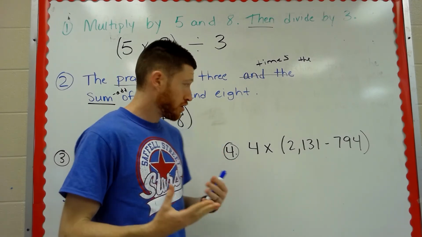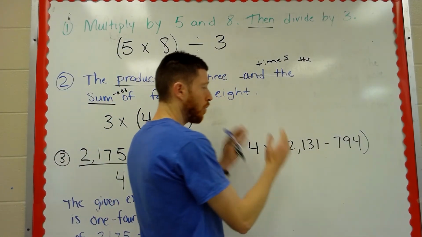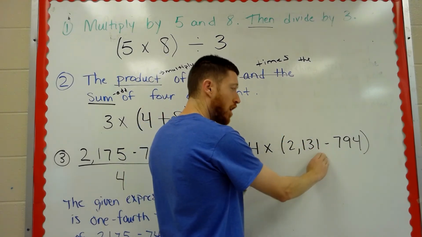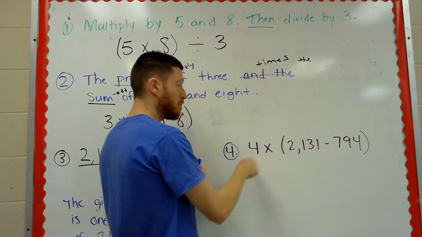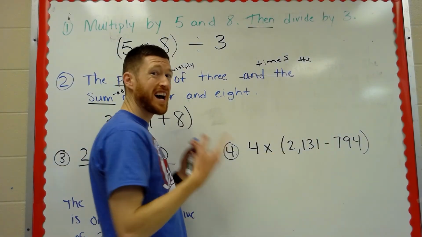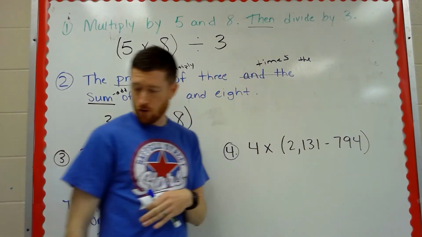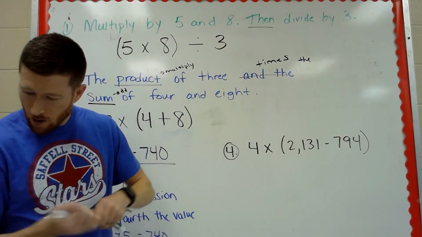It can be a little tricky because you see this multiplication sign here, but what you would do is you would solve this part first, get an answer, and then you would multiply that by 4. So this expression would be 4 times as large as the value of just what's inside of the parentheses there, okay? So I'm going to write that one out in words, and then we'll finish up.